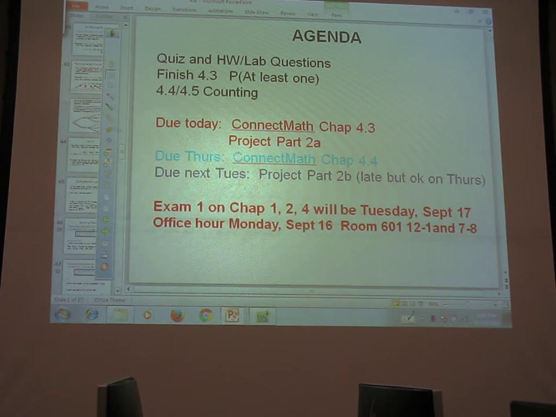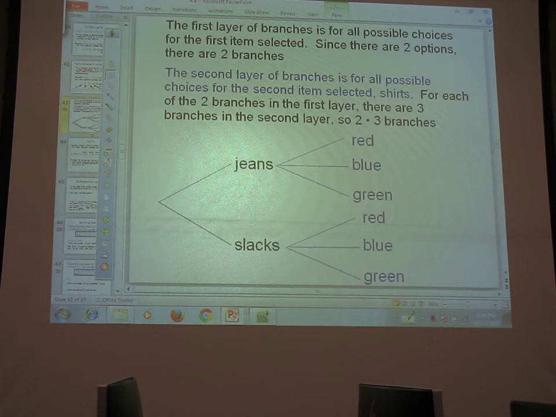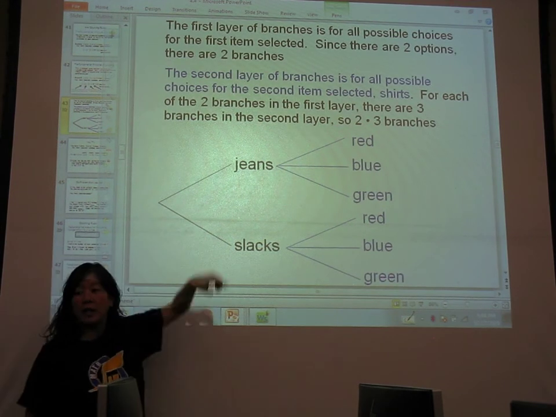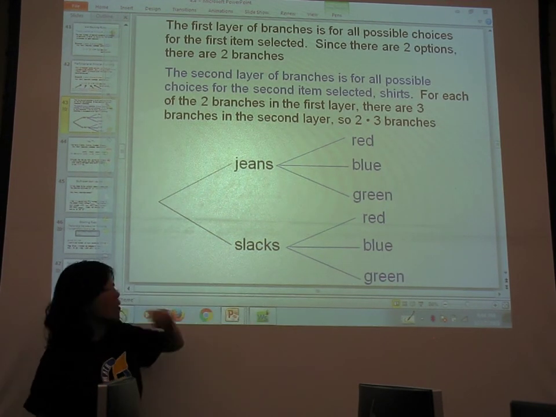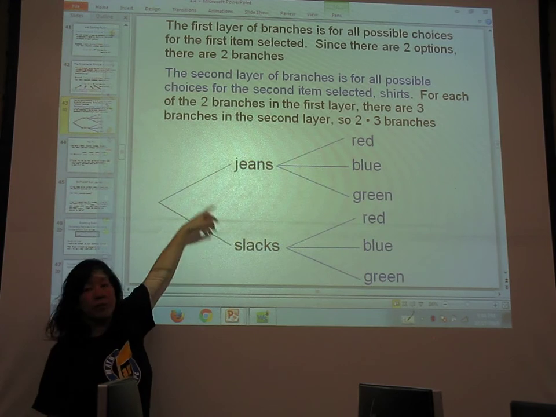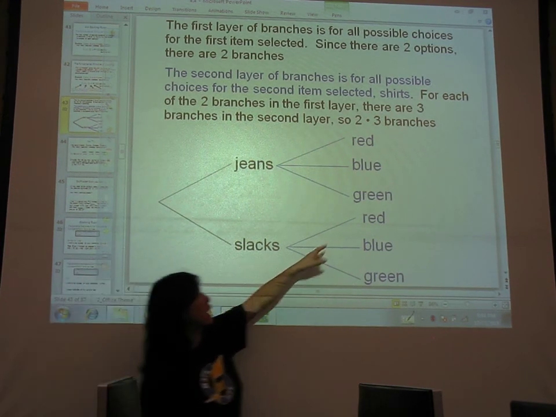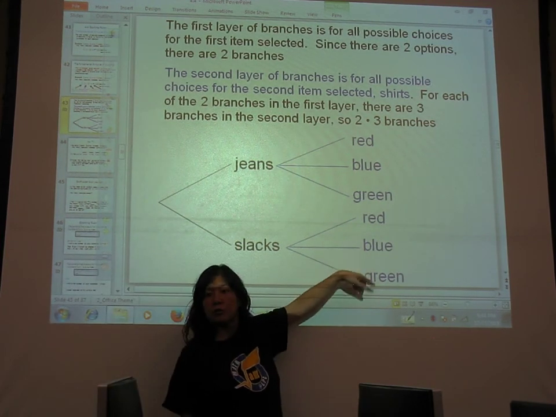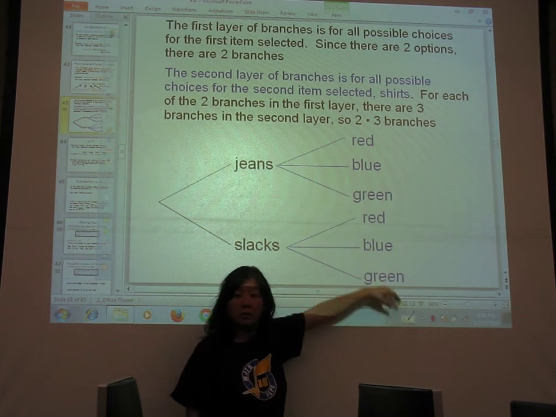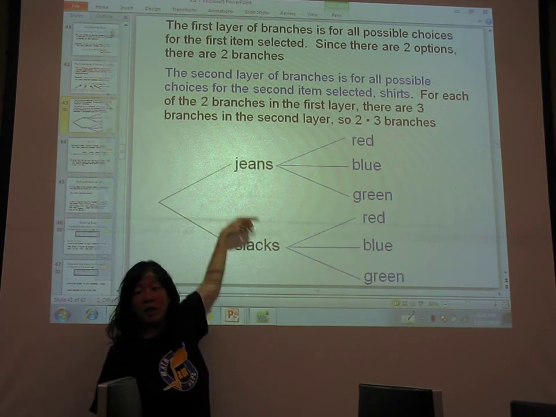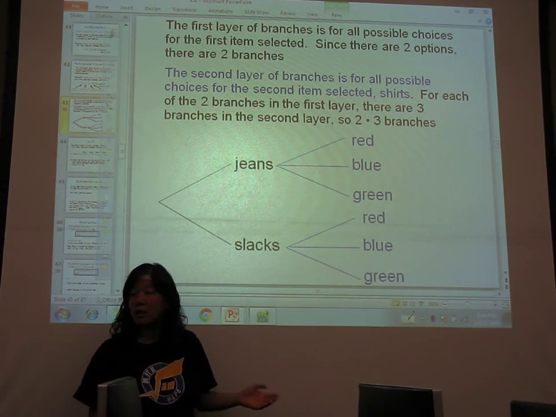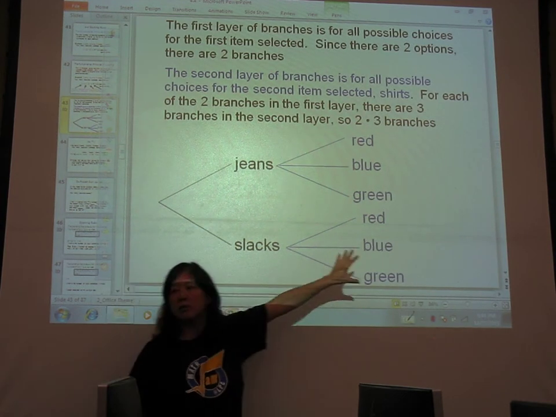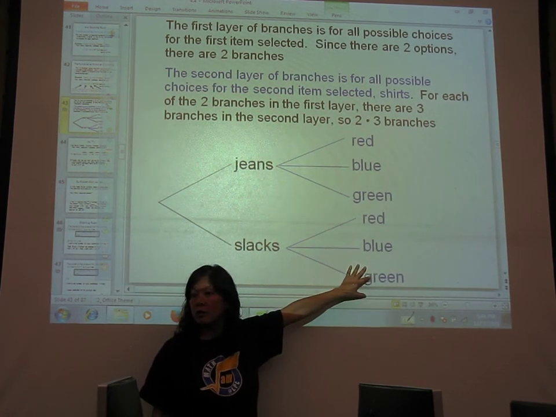Remember, if I have 2 pants and then I pick 3 shirts, so number of ways of picking pants, from every one of those I have shirts. So I have how many groups of 3? 2 of them. If I had 20 pairs of pants, it would be 20 times 3. Do you guys see what I'm saying?